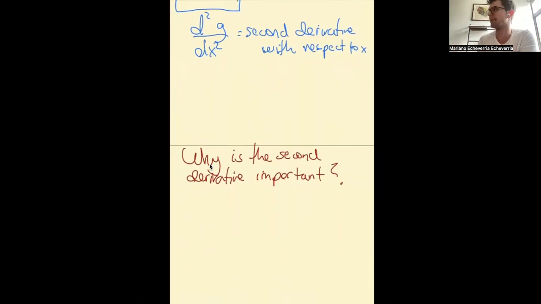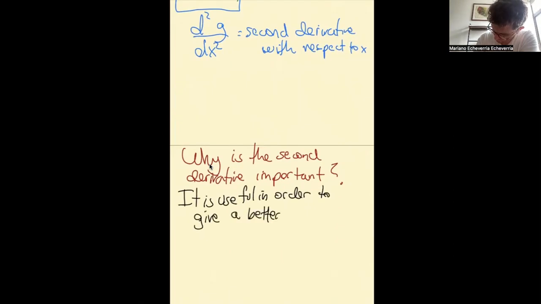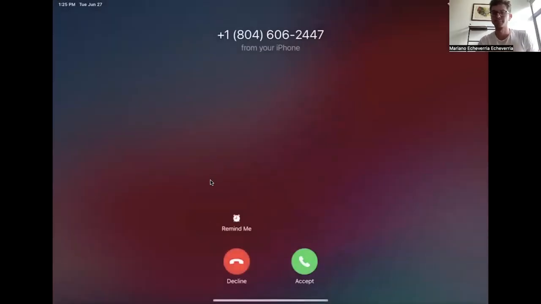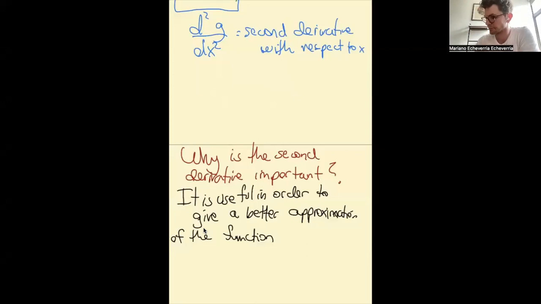It is useful to give a more accurate approximation of the function. So what do I mean by that?